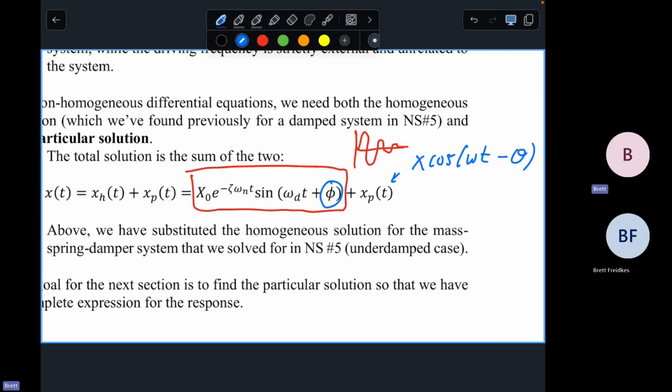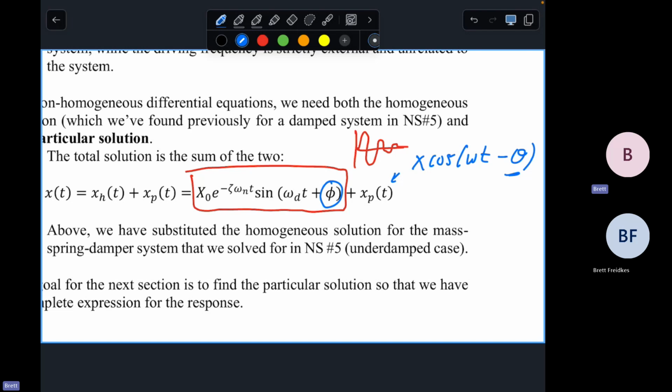No. Remember that in math, our standard sine wave is just sine of omega t, right? This phi is just a mathematical thing in reference to that baseline sine wave. And it's just telling us, compared to some normal sine wave, how much is it shifted to the right or left? And that depends on the initial conditions, right? Positive amplitude versus negative amplitude, it's shifted in a different way. It's a very mathematical thing. It's not really a physical thing. While the second phase, this is a physical thing. This is the phase between the force and the mass.